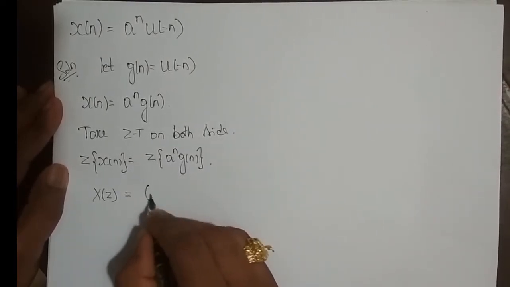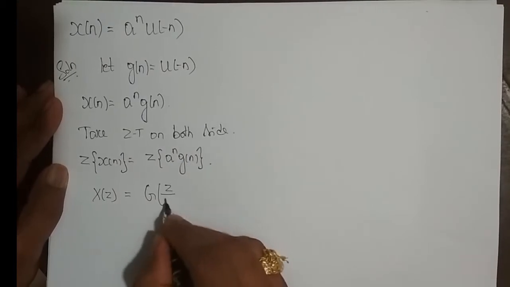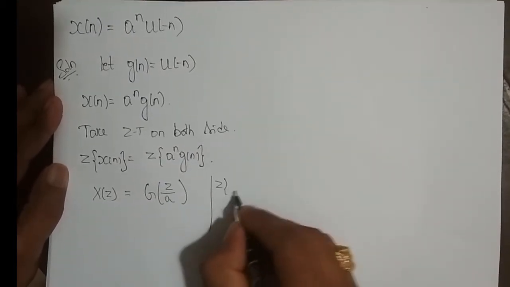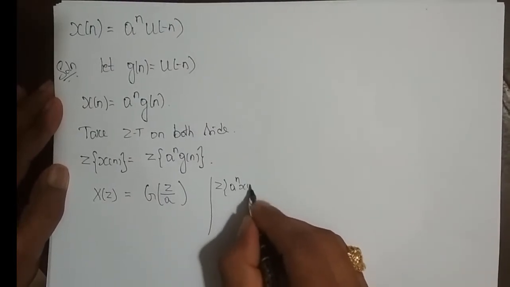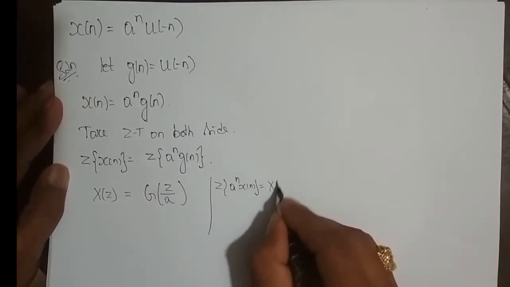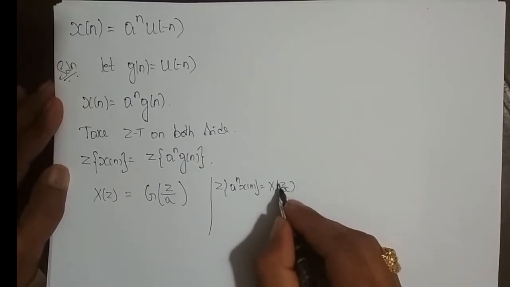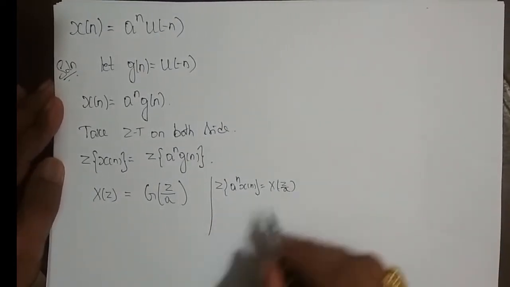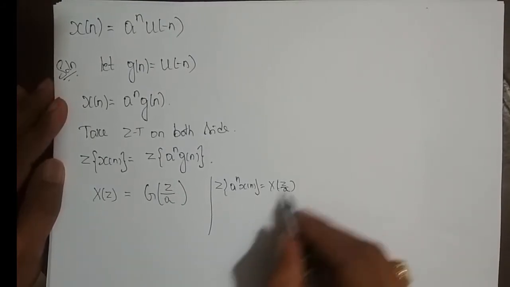It is nothing but G of z by a. It is the multiplication by exponential property, right? So z transform of a power n x of n is equal to X of z by a. We proved it, right? Okay, if you want to see the proof, you can go through my video.